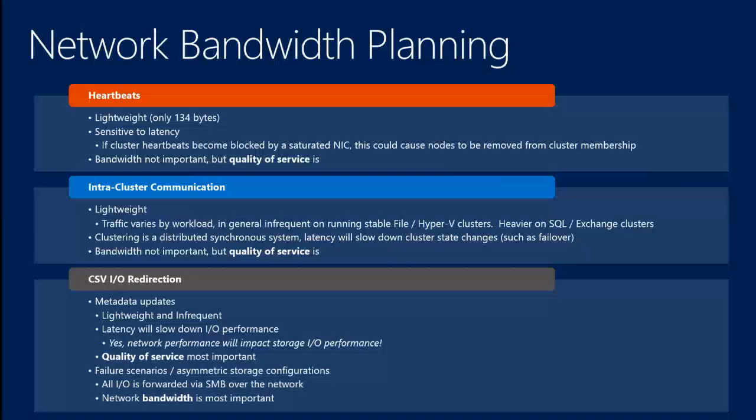So if you start having lots of network latency, that could cause clusters to kick nodes out of membership. The most important network design consideration for heartbeating is quality of service. We need our heartbeats to get out and not get choked up, so we don't have false positives and detect nodes as down when they shouldn't be.